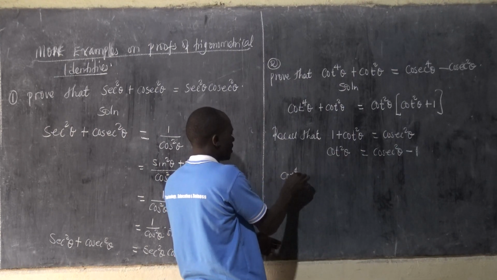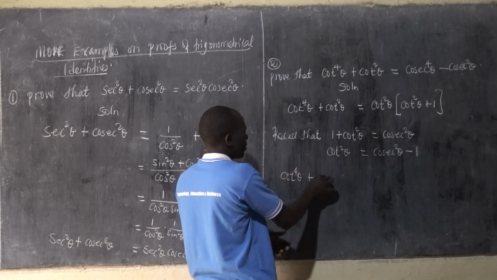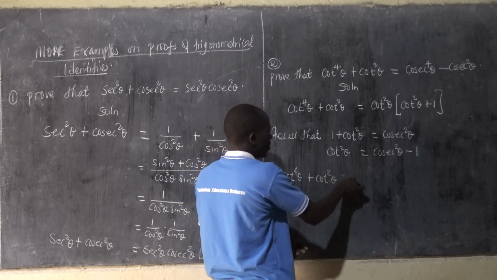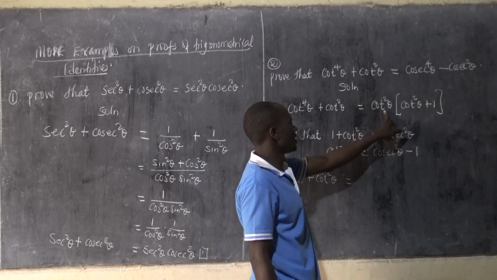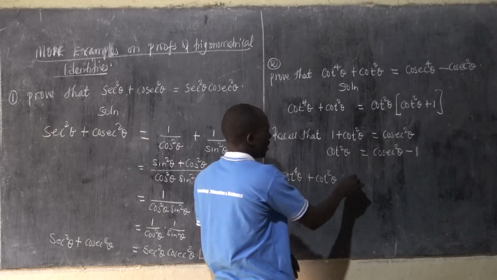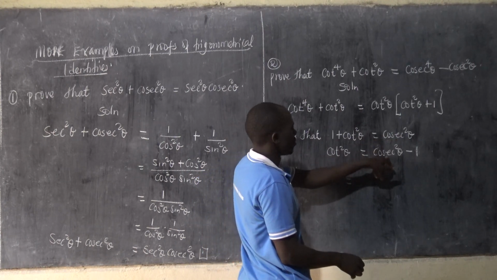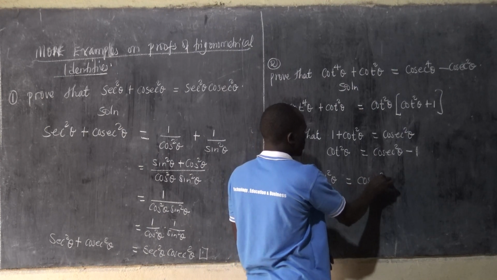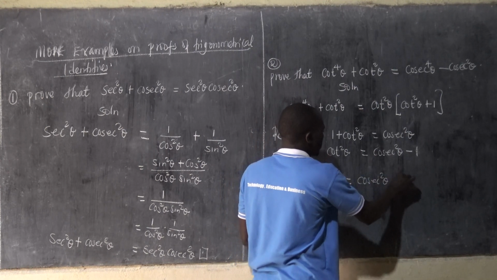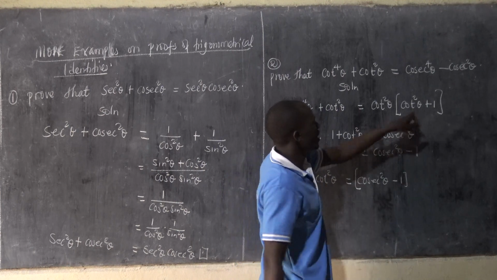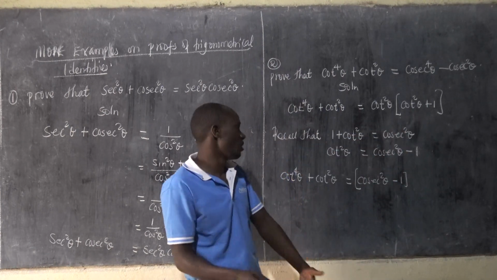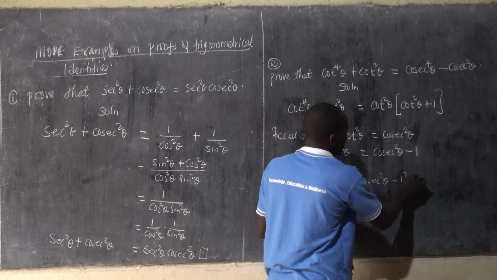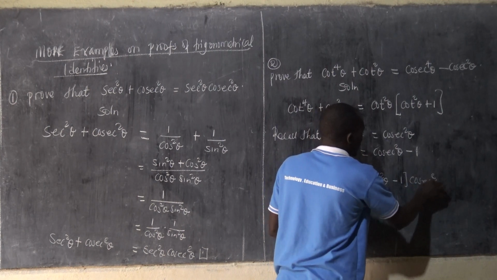Cot power 4 theta plus cot squared theta equals, where there is a cot squared theta, I'm going to put cosec squared theta minus 1, into, where you see cot squared theta plus 1, I'm going to put cosec squared theta.